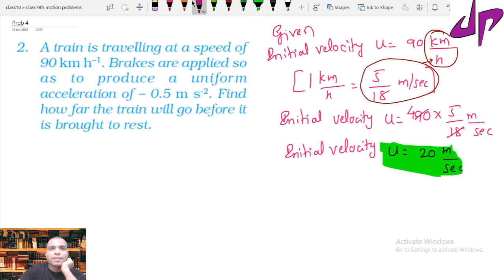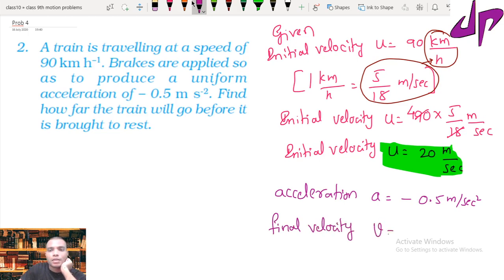And we will write what is given there. Given acceleration a equals negative 0.5 meter per second square. And given final velocity v equals how much? In the problem it seems it is not mentioned, but when a train comes to rest, if anybody comes to rest, what is its velocity?